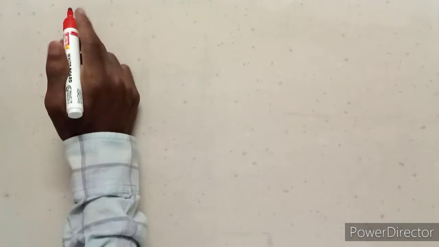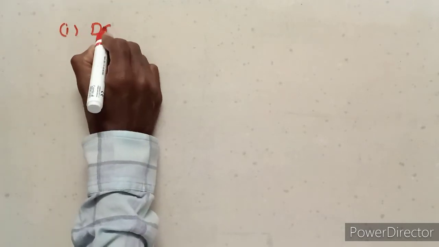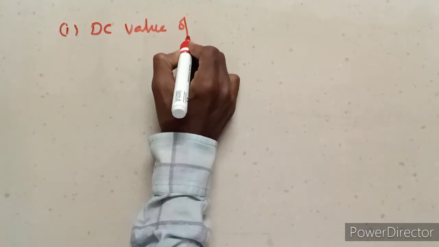The first parameter is the DC value of current.